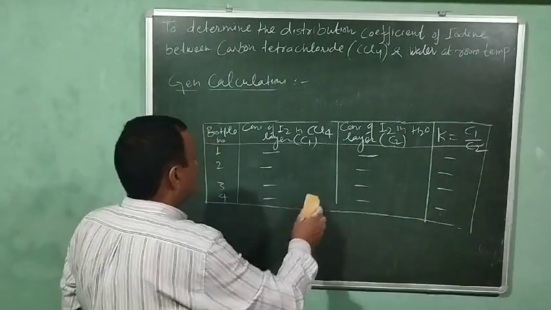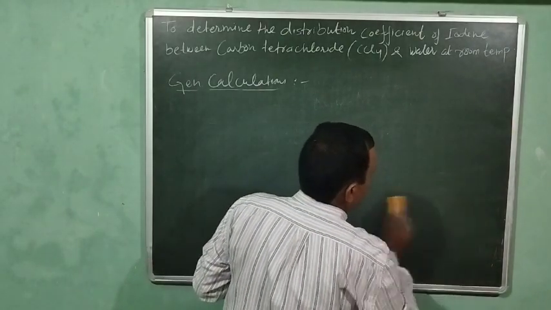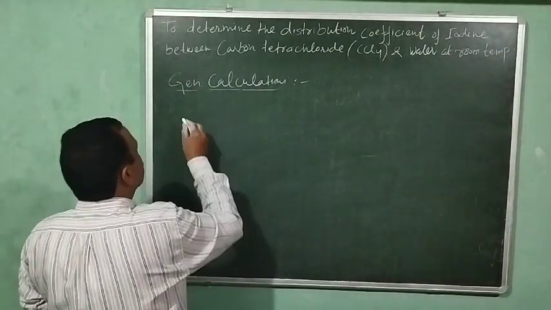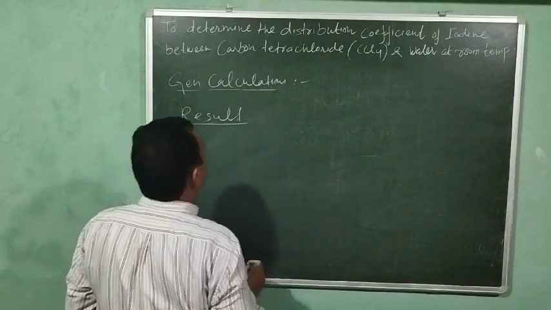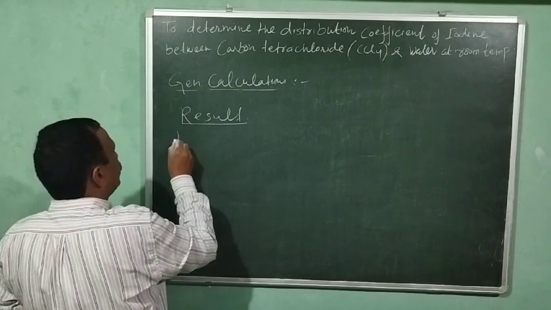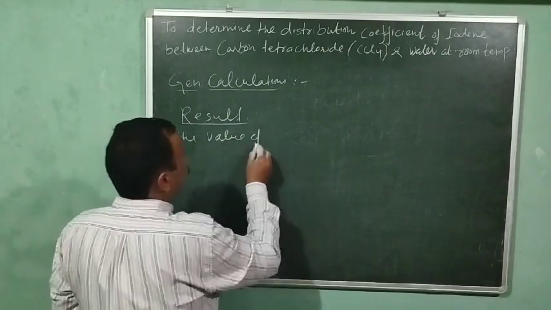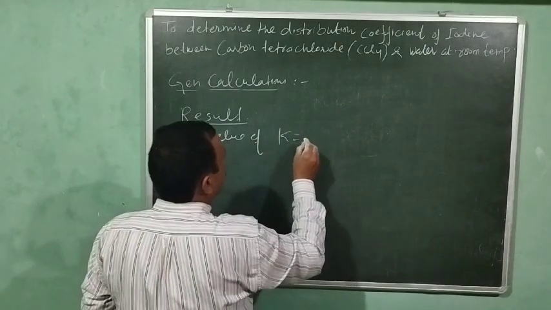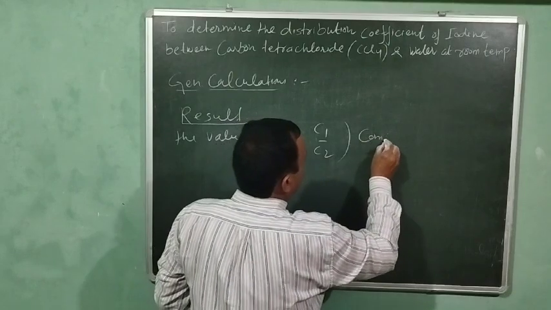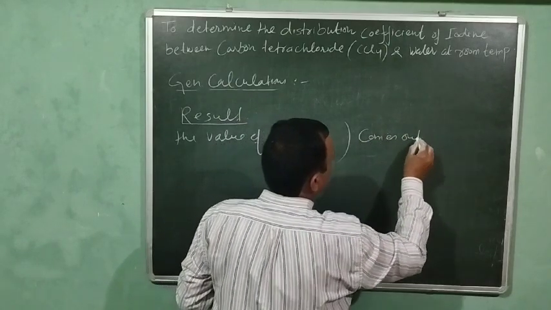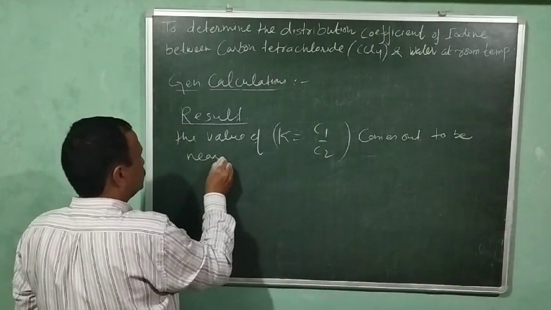So in the result we will write, first of all, that the value of your K, that is C1 upon C2, comes out to be nearly constant.